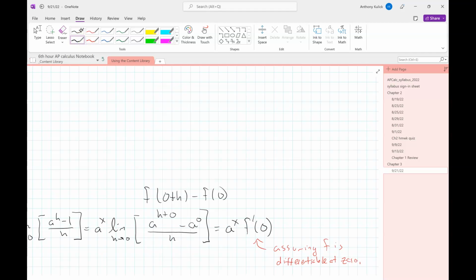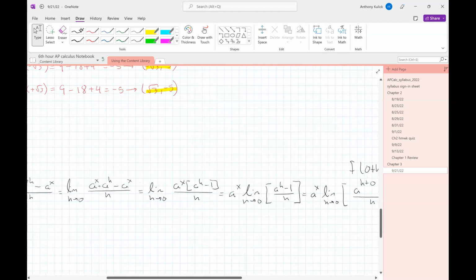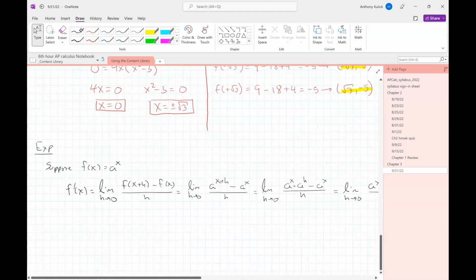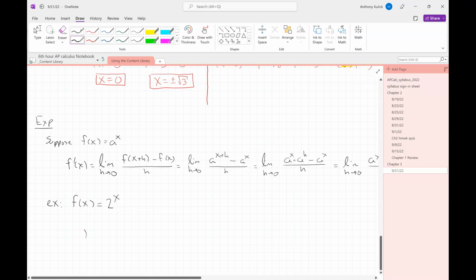Let's try a numeric example just to kind of see what's going on here. Well, that got long, didn't it? Let's say f of x is equal to 2 to the x. Well, the derivative of this should just be 2 to the x times f prime of 0, based on what we just did earlier.